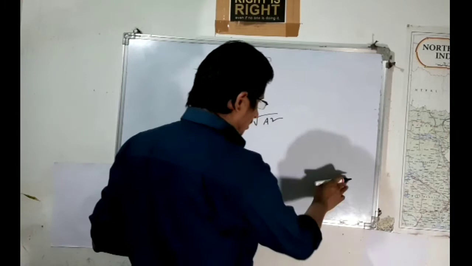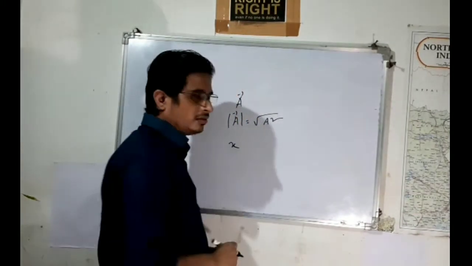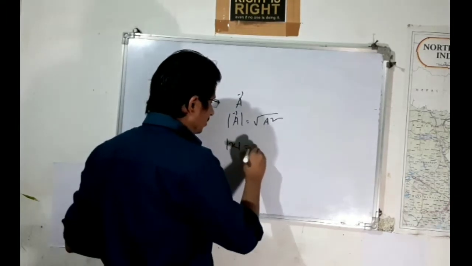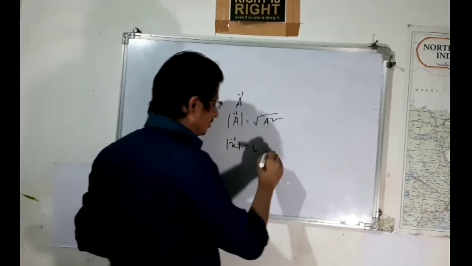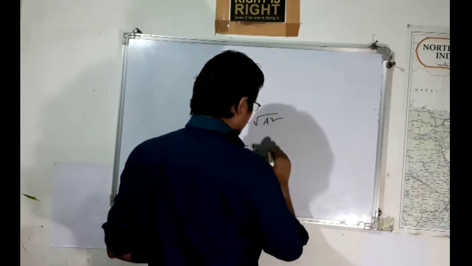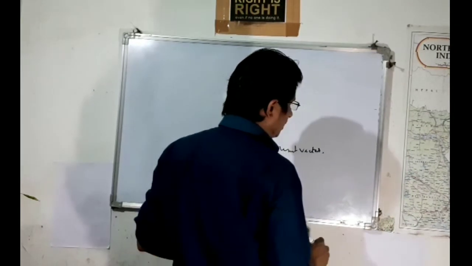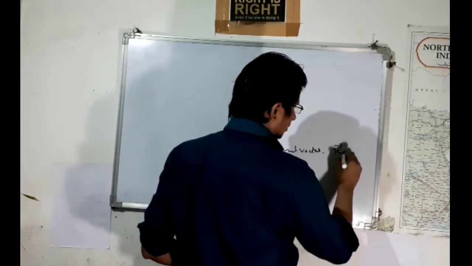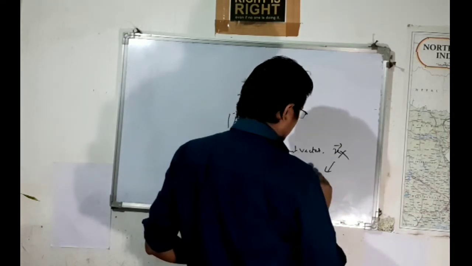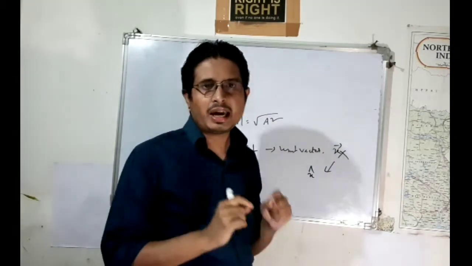Suppose X is a vector with magnitude equal to 1. Then this vector is known as a unit vector. Often it is written with a cap, X cap.